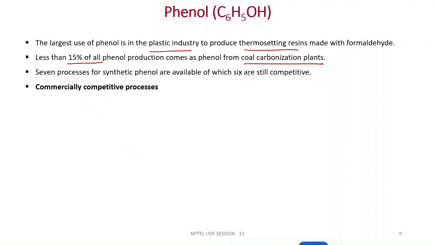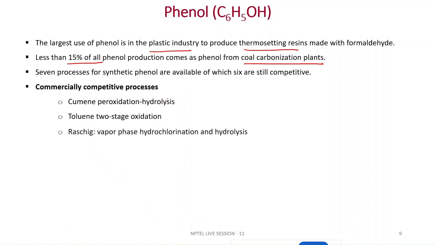So what are the 6 commercially competitive processes for the synthesis of phenol? First is the cumene peroxidation hydrolysis process. Second is the toluene two-stage oxidation process. Third is the Raschig vapor phase hydrochlorination and hydrolysis process.